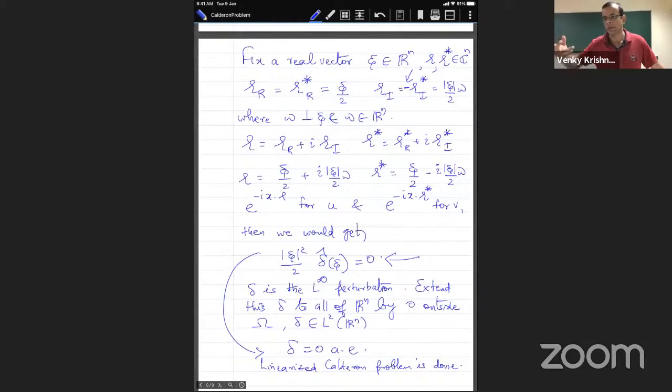So your 1 plus delta should be bounded above, but also bounded below. So you cannot have delta to be -2, -3, things like that. Right. But delta is also a function. Right. Okay. Thanks.